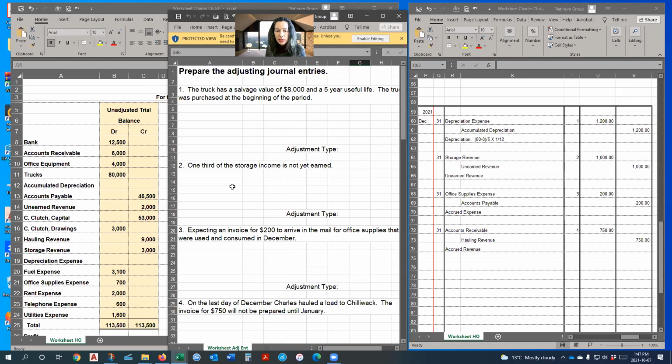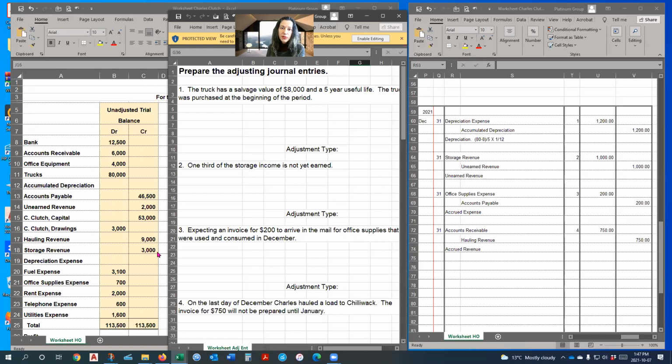Our second entry is 1/3 of the storage income is not yet earned. If we look down our trial balance, we can see an account called storage revenue, and it's got a $3,000 credit balance. 1/3 is not yet earned, 2/3 is earned.